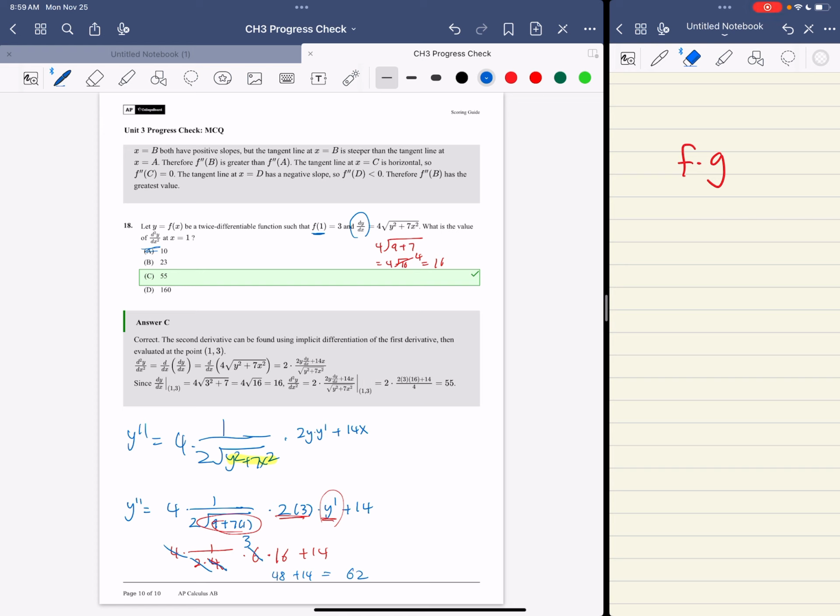What? Did I make a mistake somewhere? Maybe I made a mistake somewhere. I just cannot see where I made a mistake. Let's see.